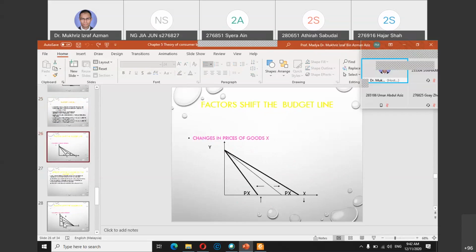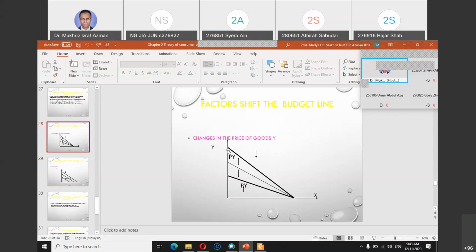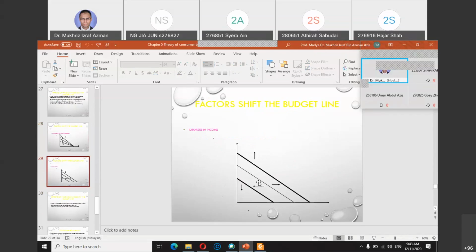We look at this concept here: the change in the budget line only occurs at the y-axis if the price of Y changes. Here, only the price of X changes. It goes up when the price decreases, and it goes down when the price increases. And here, the budget line can shift parallel to the right or to the left.